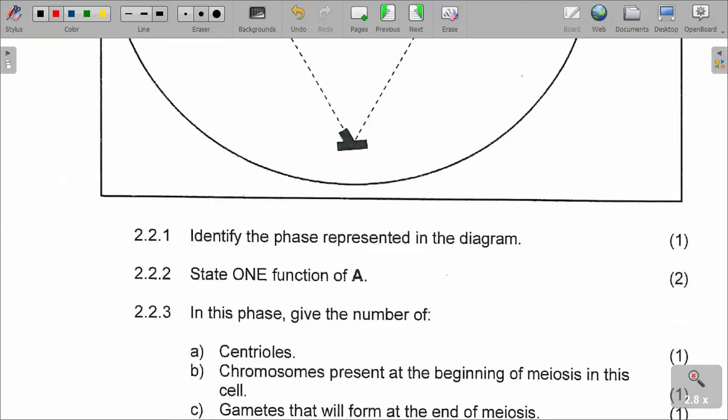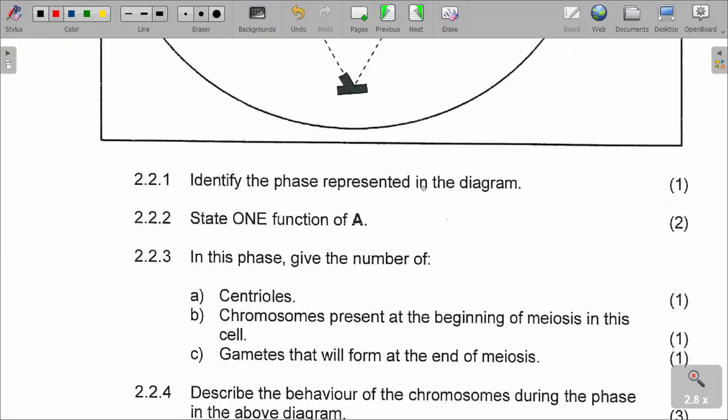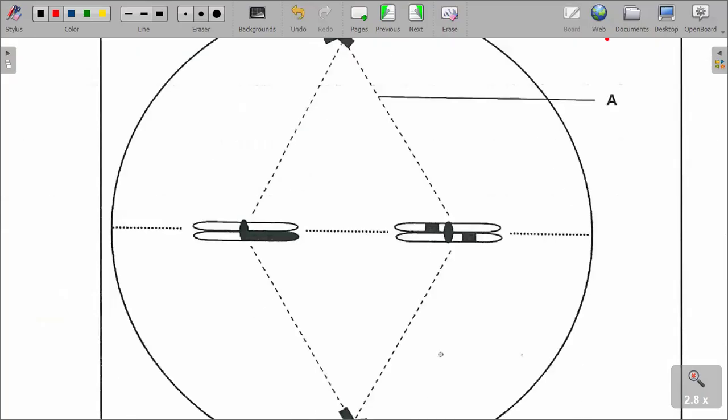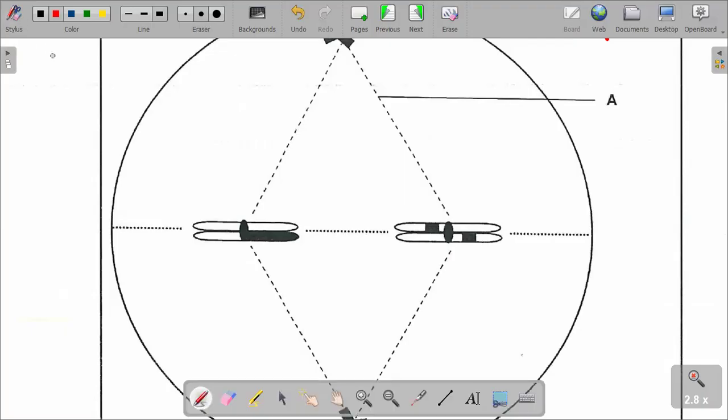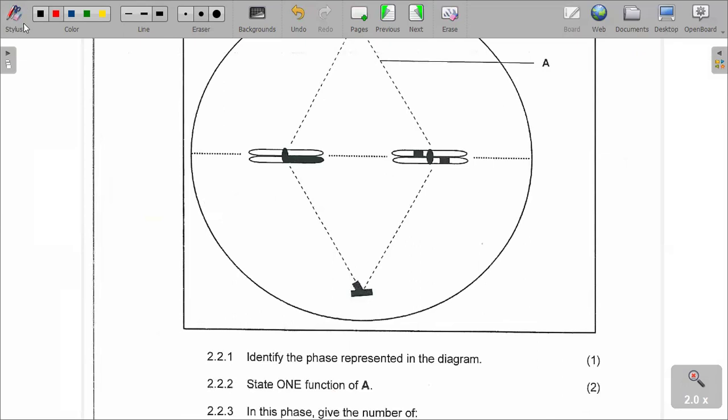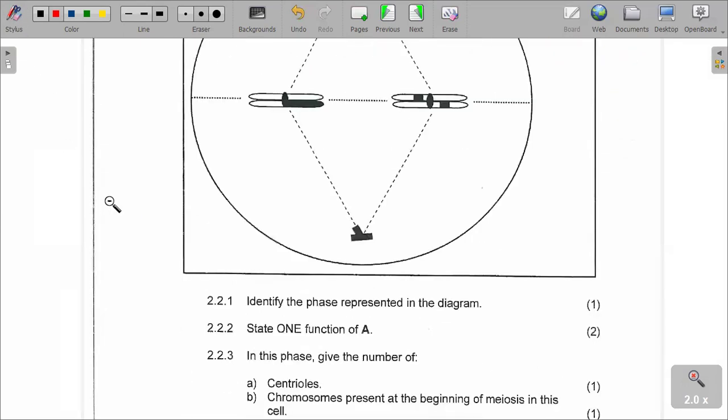Identify the phase represented in the diagram. If we look at the phase represented on the diagram, we can see that this is anaphase 2.